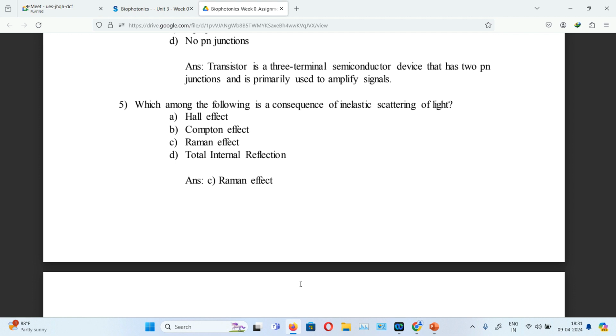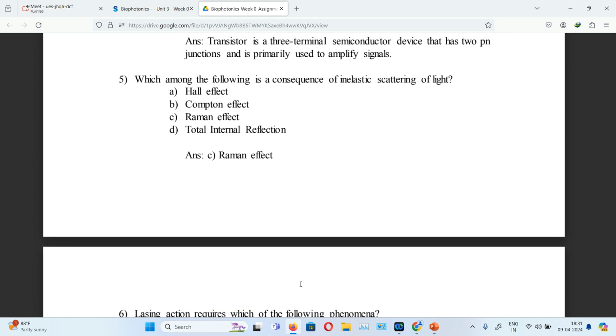In the case of the Raman effect, there is a change in wavelength, a Stokes shift as well as an anti-Stokes shift. That is due to the inelastic scattering of the light.